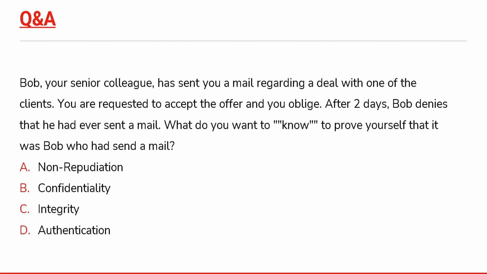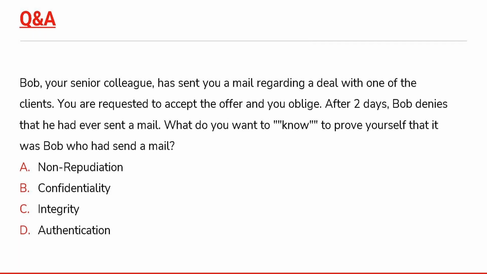Now after that, we are having option B, that is confidentiality. So guys, confidentiality ensures that if I'm sending some message to Priyanshu, only Priyanshu should be able to receive and understand, read what sort of information is being sent in that particular message.